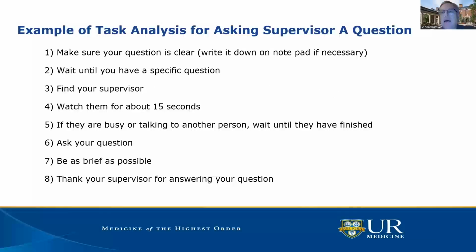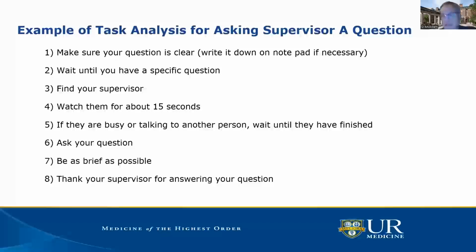This is a task analysis for asking a supervisor a question. So many people with unique learning needs may have difficulty making the discrimination or identifying when it's okay to ask their boss or supervisor a question.